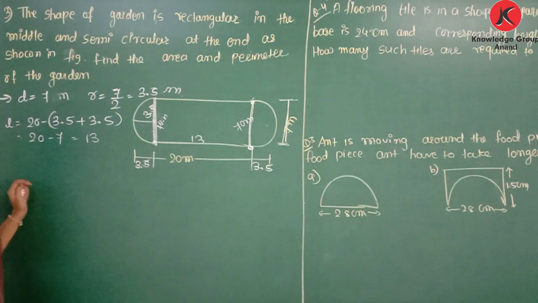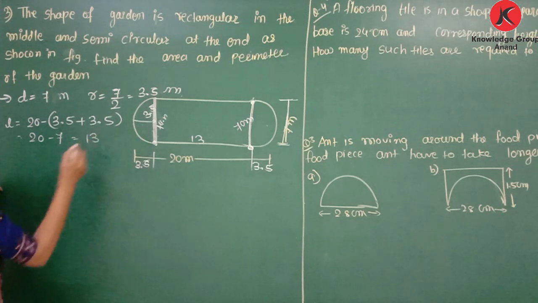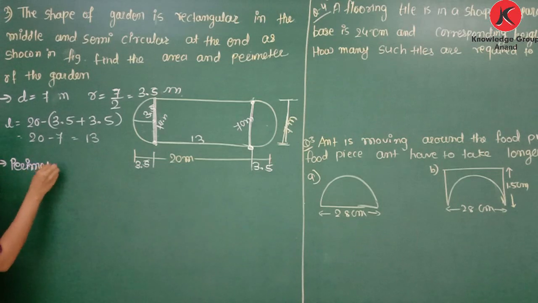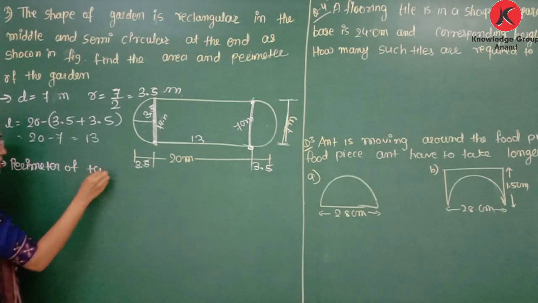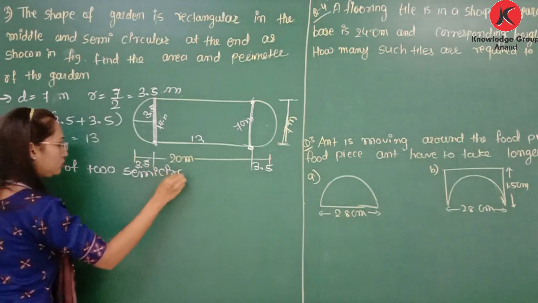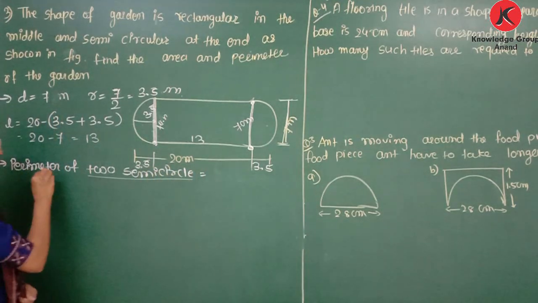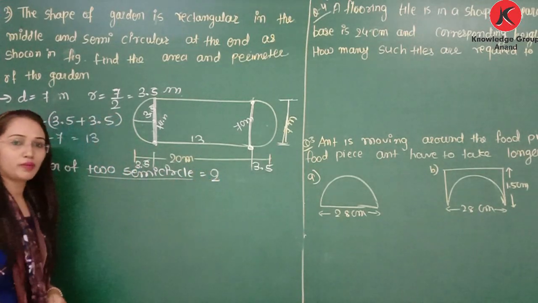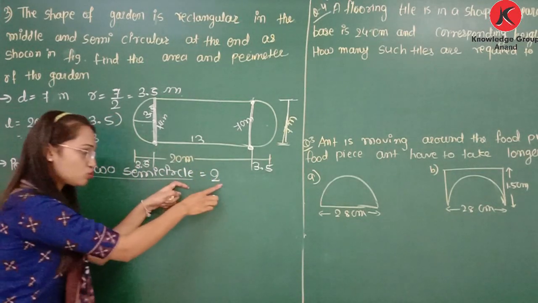So we can find first the perimeter of the circle. So we can write perimeter of two semicircles. So it is two semicircles. So we multiply the equation for a semicircle 2 times.